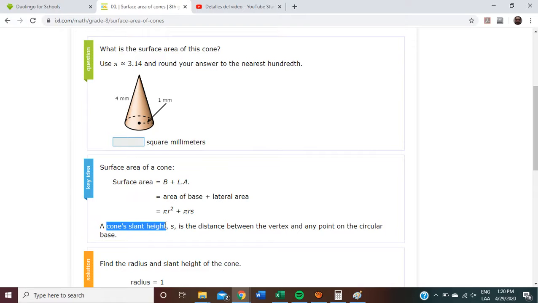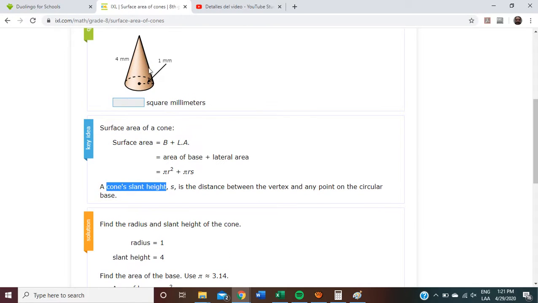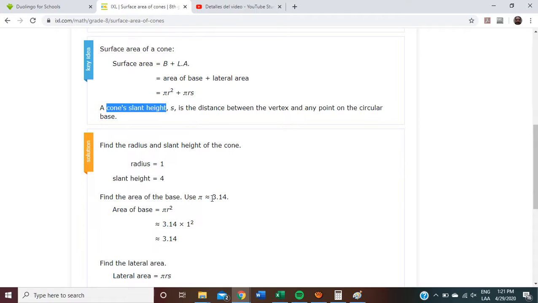The cone's slant height is the height from one of the points of the circumference to the top of the cone. So this is the one. So here is how you're going to solve it. The radius is 1, the slant height is 4, and we know pi, we're going to round it to 3.14.